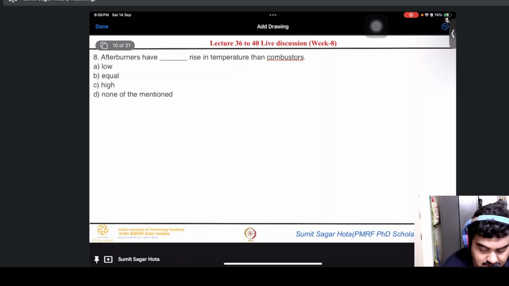To answer this question, what exactly does the afterburner do? The afterburner adds some air to the exhaust gases, because the exhaust gases have some amount of fuel which will burn again because of the presence of oxidizer, and due to which the temperature of the exhaust gas rises. That's why near the exhaust, a combustor with an afterburner has a higher temperature than a combustor without an afterburner. So afterburners have a high rise in temperature than a combustor.